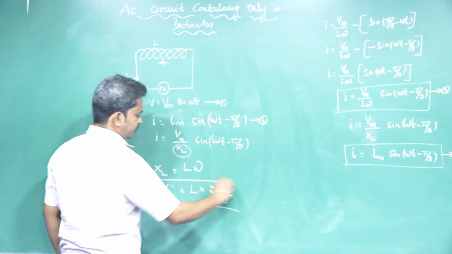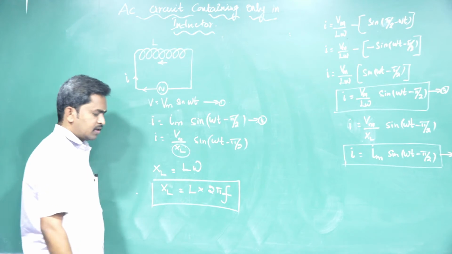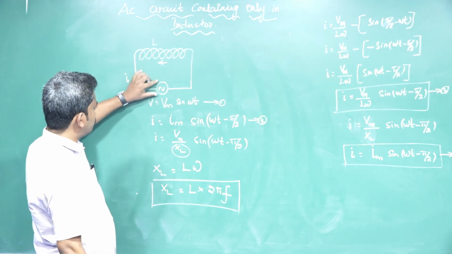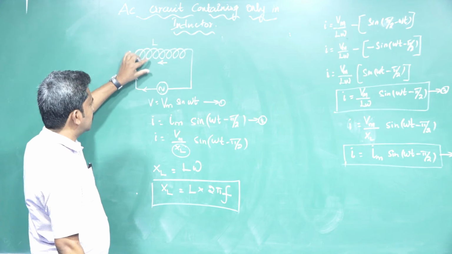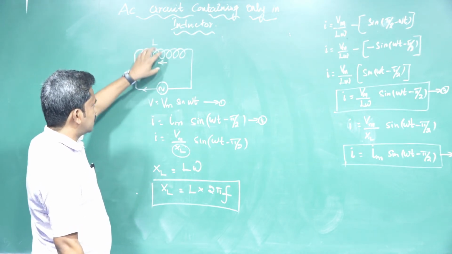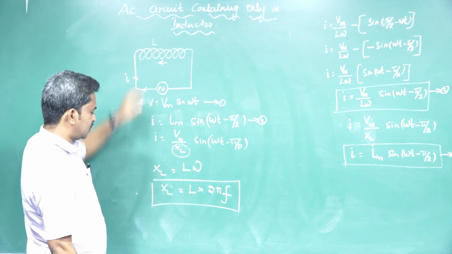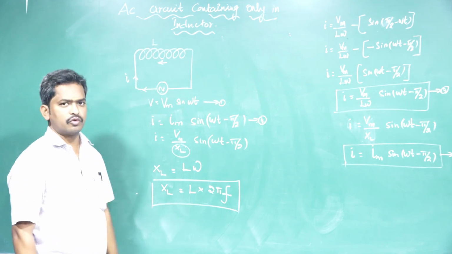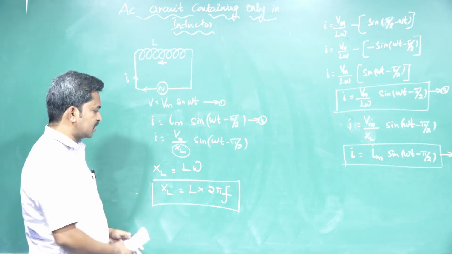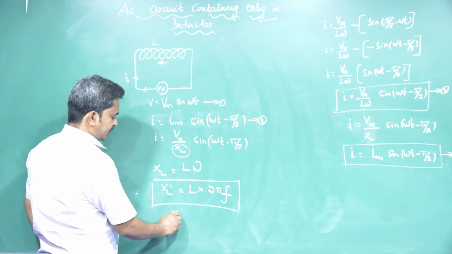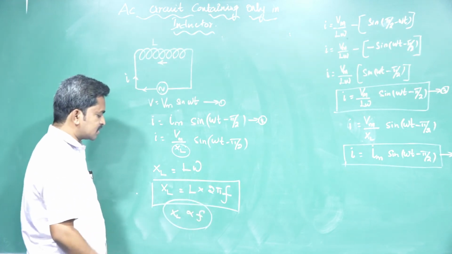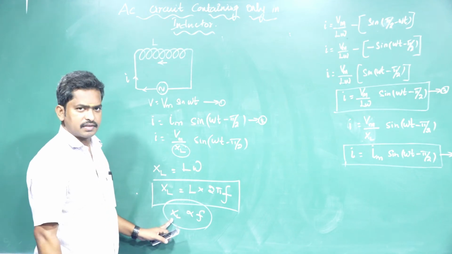Now here is a very important one. In an AC circuit containing only an inductor, the reactance of the inductor is XL is equal to L into 2 pi f. So XL is directly proportional to f. If frequency increases, reactance also increases.